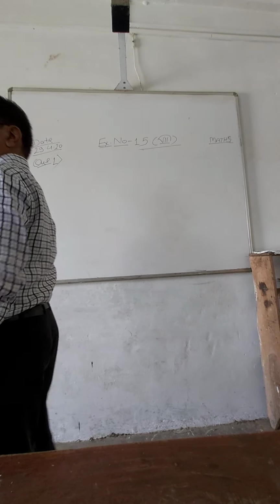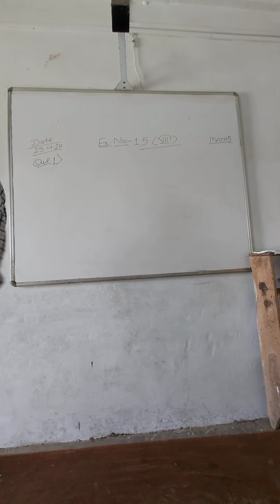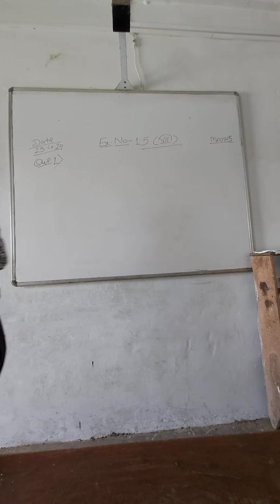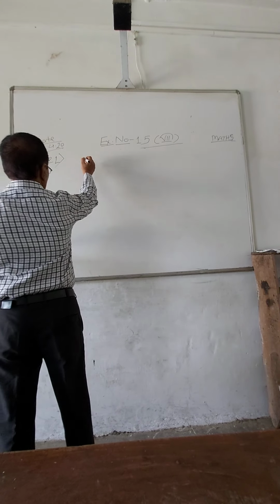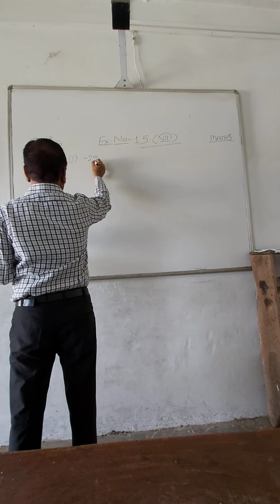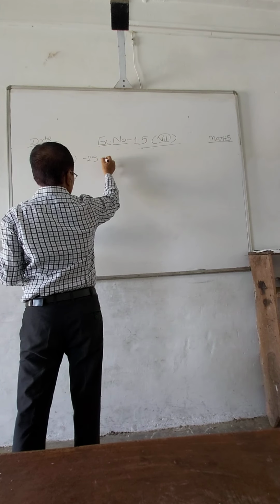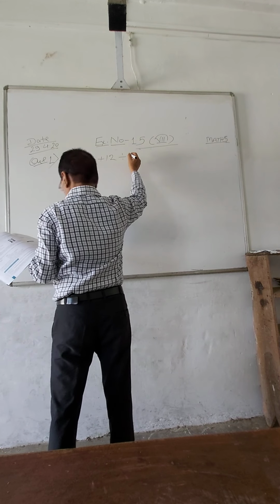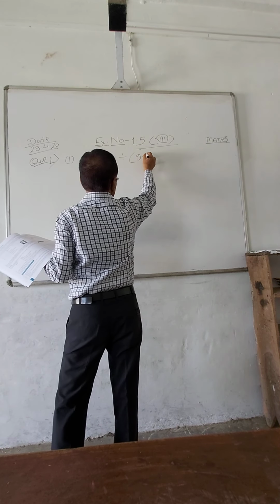Question number 1: minus 25 plus 12 divided by 9 minus 3.